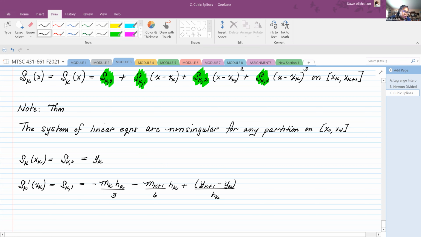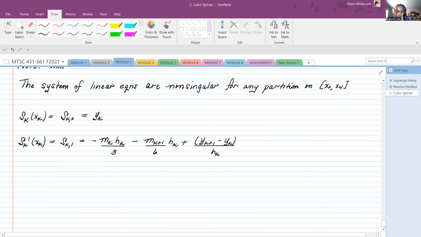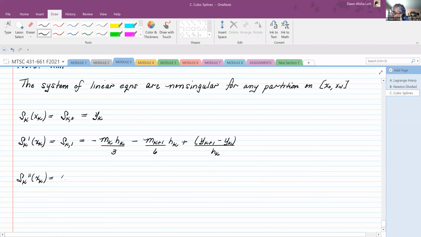Okay, and then the second derivative, Sk double prime at xk. Well, this is 2 Sk2, because you got to take the derivative, so you get 2 times Sk2.